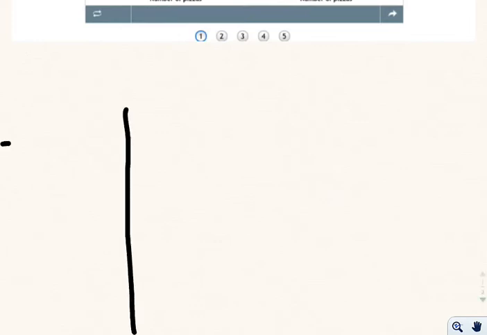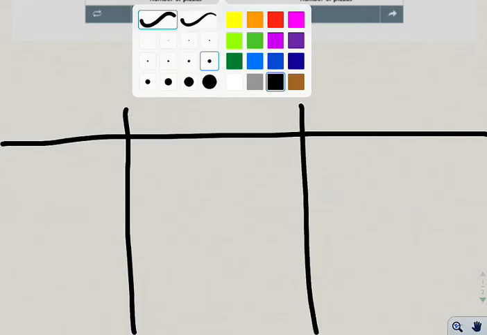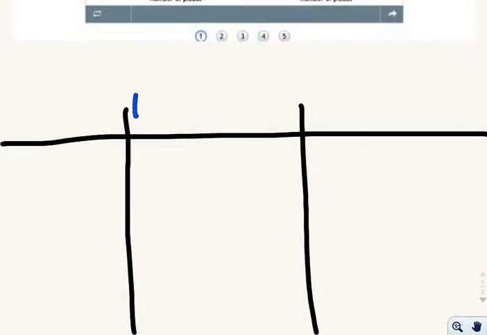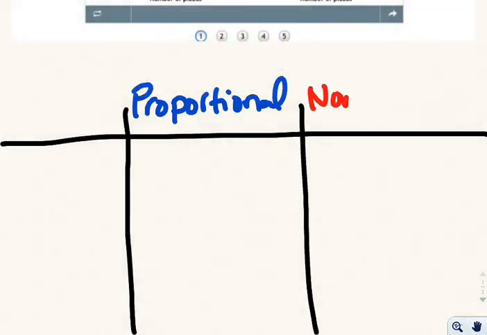If you have your table that you didn't quite get to fill out earlier today, now would be a great time to pull that table out, because we are going to talk a little bit about proportional versus non-proportional relationships.